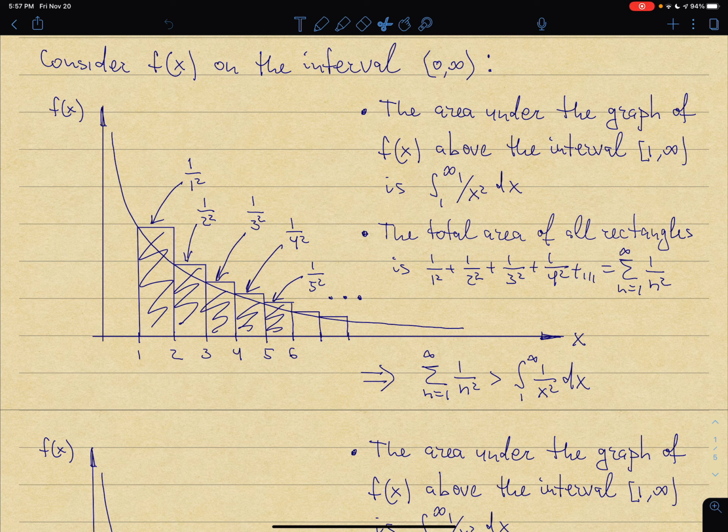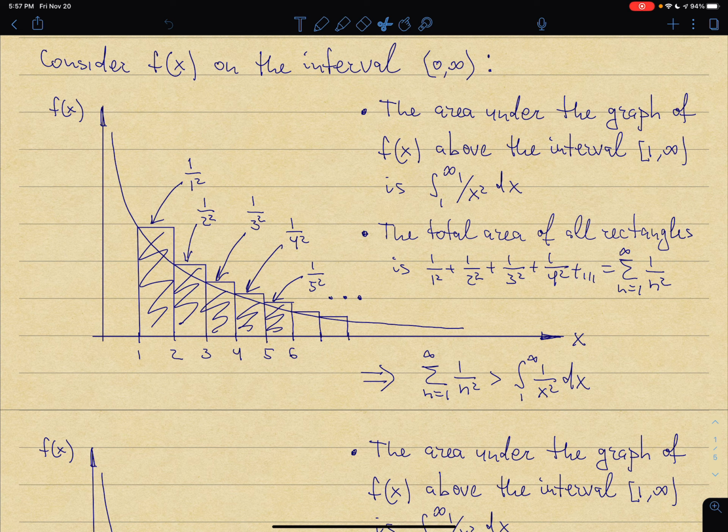And when x is between 0 and 1, then x is going to be bigger than x squared, so 1 over x squared is going to be larger than 1 over x. So on the interval from 0 to 1, 1 over x squared is above 1 over x, and on the interval from 1 to infinity it is below 1 over x.